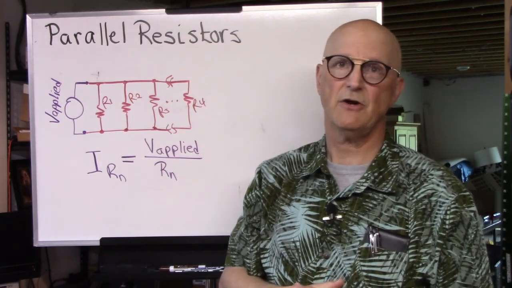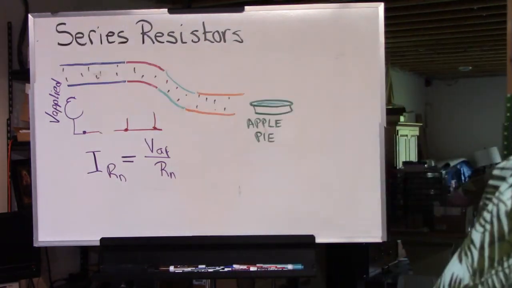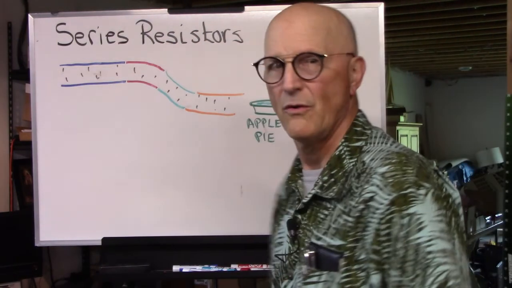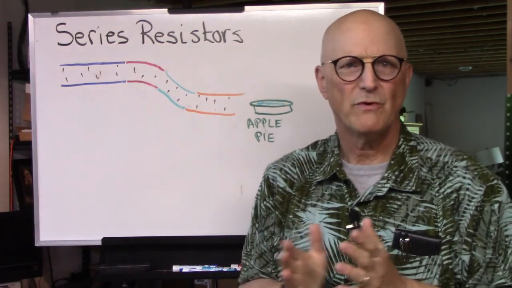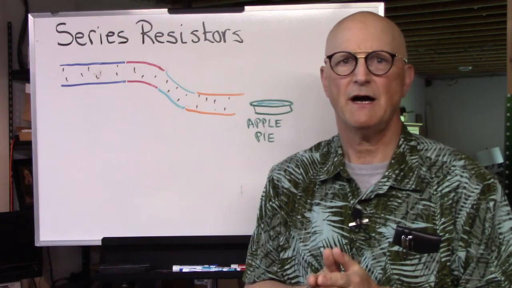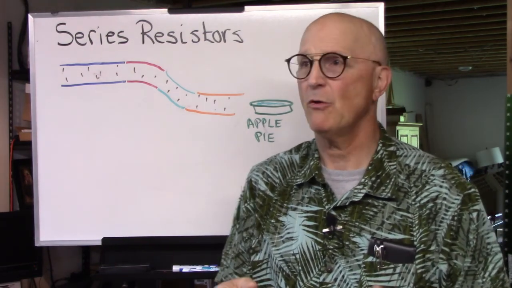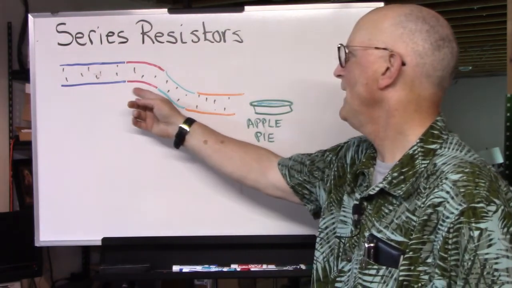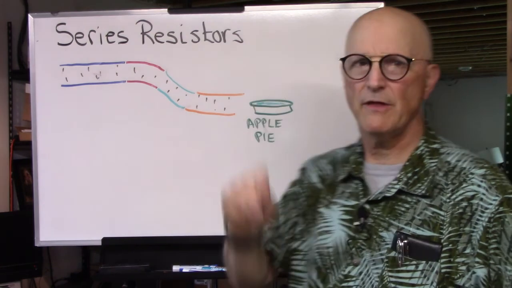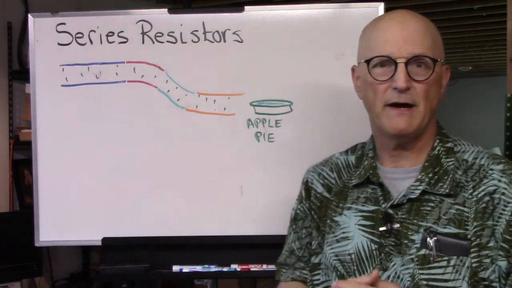Now let's take a look at series resistors. The more resistors you have in series, the higher the overall resistance is going to be. If we go back to our hallway illustration, it's like having one hallway after another that the people have to pass through to get to our luscious apple pie.